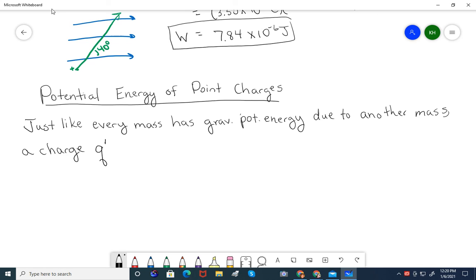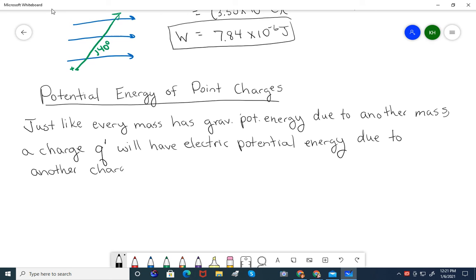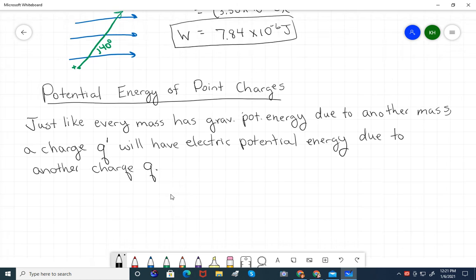A charge Q prime will have electric potential energy due to another charge, Q. Now, we are not in a calculus-based course, so we do not have the integral calculus skills that we would need to develop this formula.